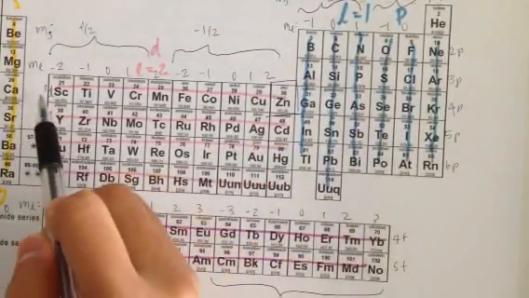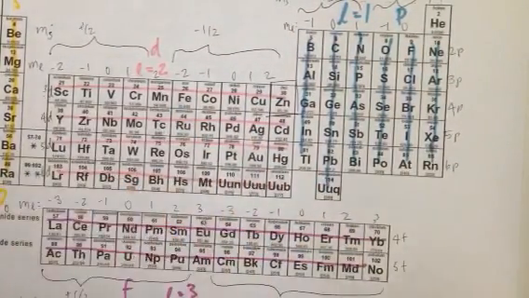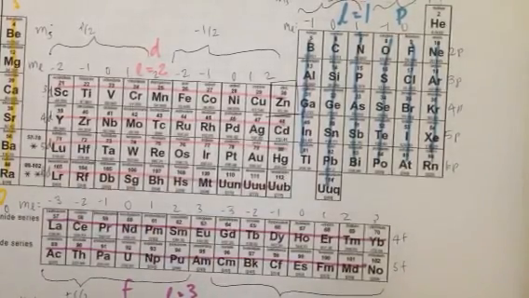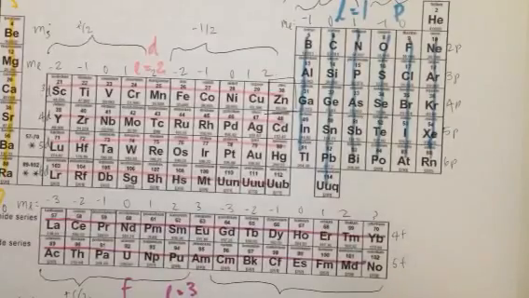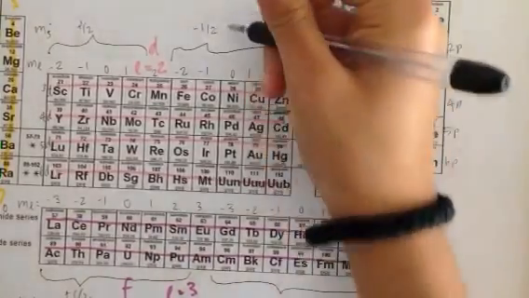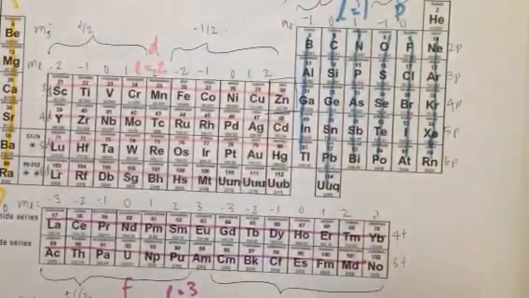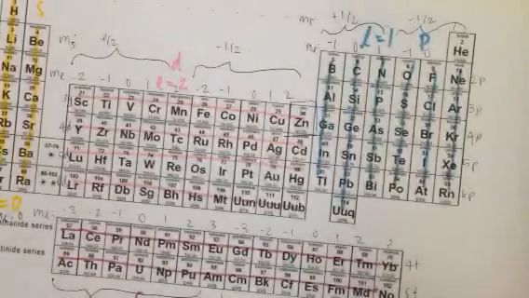The N is 3 because right here it's 3. And then the M sub L, the orbital, is going to be +2. And then the spin would be -1/2. I hope this helps, and good luck in chemistry.